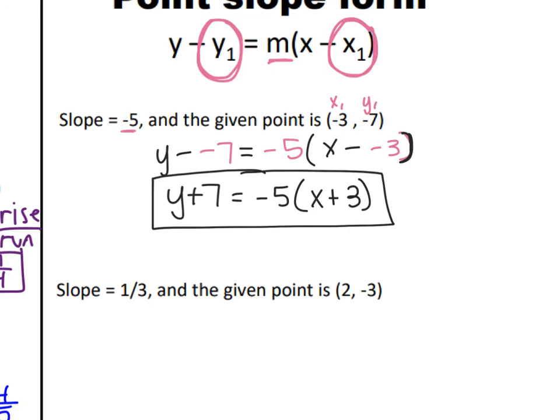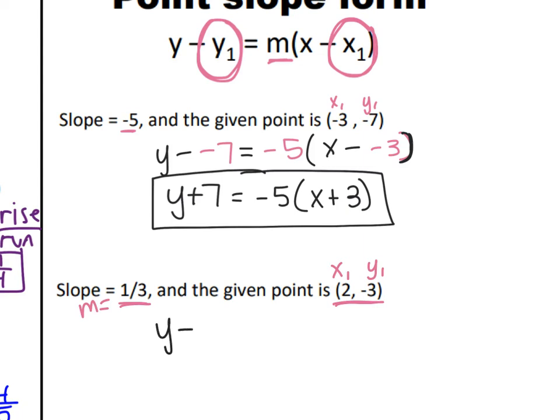So we are given a slope of 1/3. Remember, slope is your m. Your point is 2, -3. So I'll go ahead and label my x1 and my y1. And now we just plug in exactly what we see.